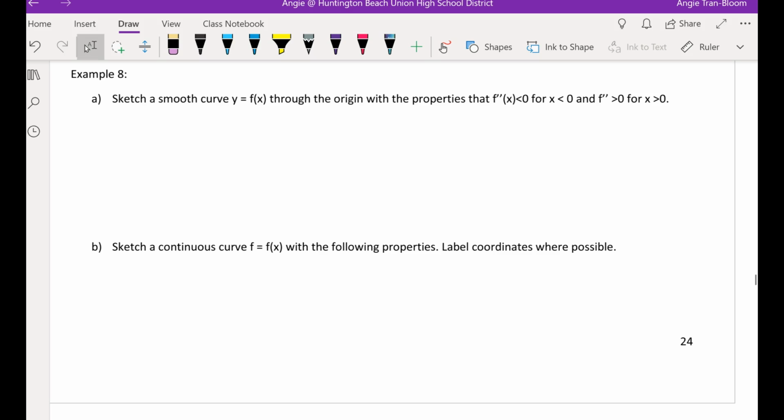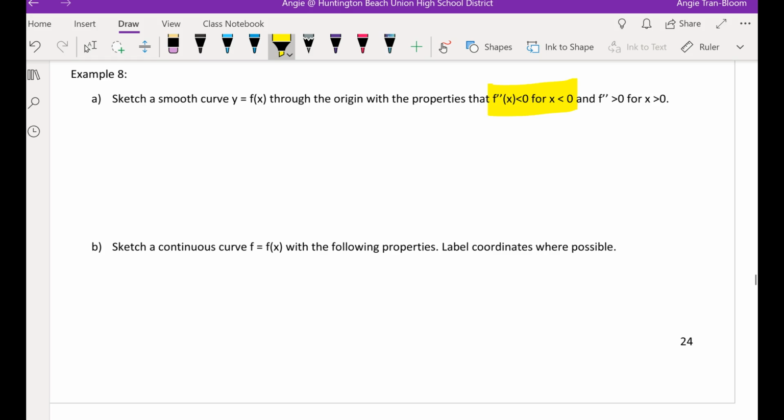All right, example 8. Sketch a smooth curve of y equals f of x through the origin with the following properties. Property number 1, double derivative has to be negative for x is what?